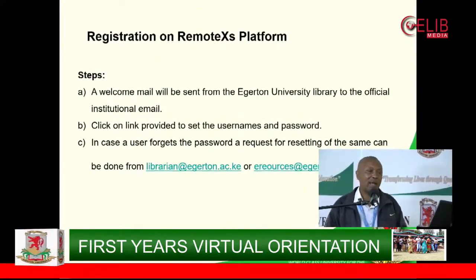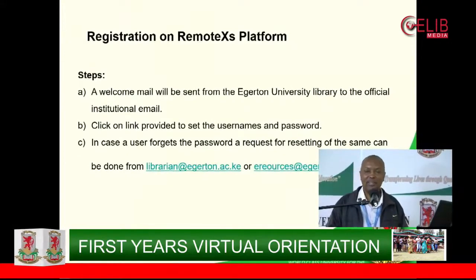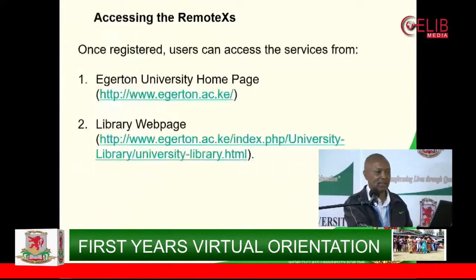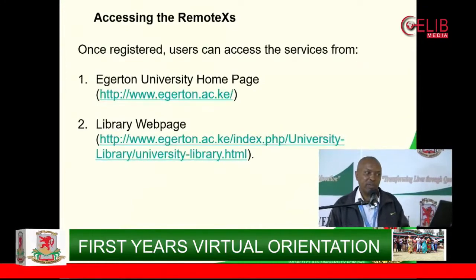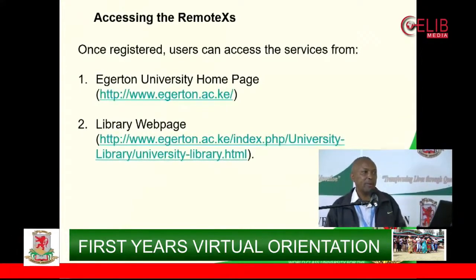In case you forget a password, these systems work like any other system which registers users online, so you can always request a reset. You cannot say that you're stuck. You can request and we will reset. We will give you the addresses at the end of the presentation.